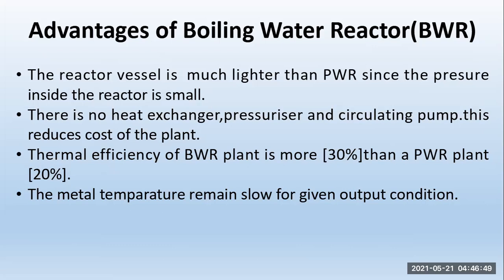The desirable characteristics of the modern pressurized water reactor are the requirement of a small number of control rods. The reactivity changes associated with fuel depletion and formation of fission products are compensated by neutron absorbers, and hardly more than 60 control rods are required for a 1000 megawatt plant of this type.